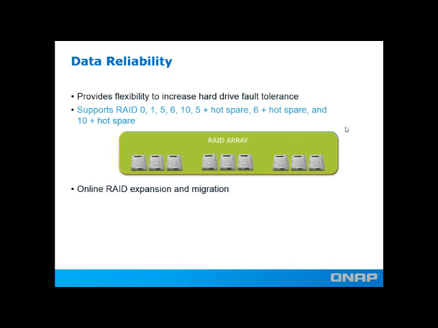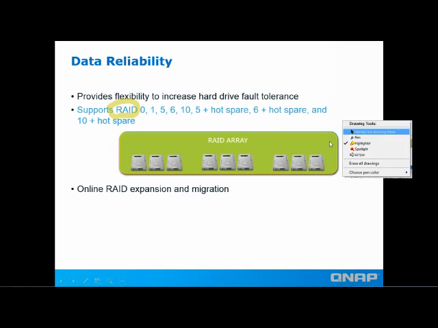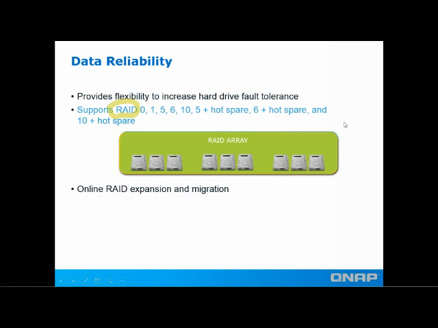And I also want to talk about some of the inherent technology that we have. For example, you have data reliability for your video files. If you have never heard of RAID, RAID is basically a mechanism that allows you to have some failures in some hard drives but still keep the data valid and keep the system running. For example, right here, the green boxes represent the hard drives inside your system.